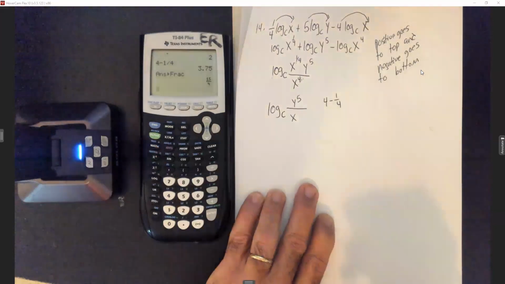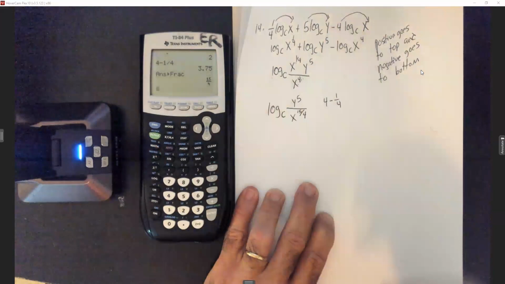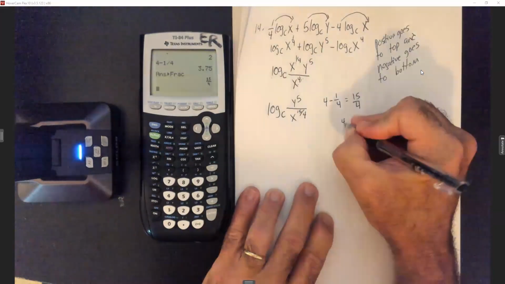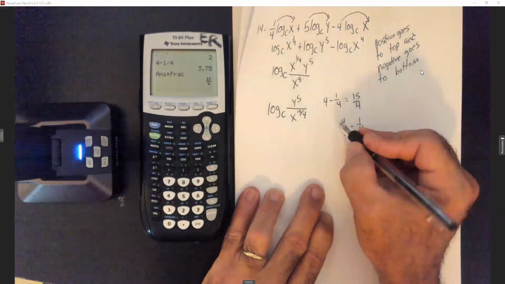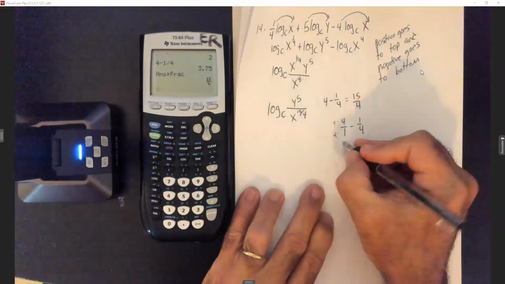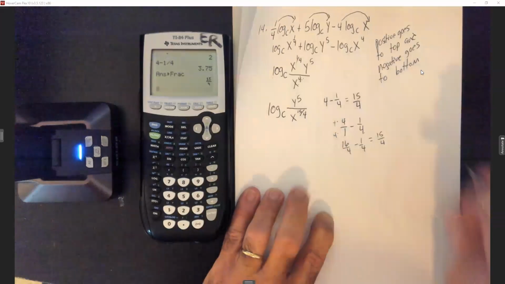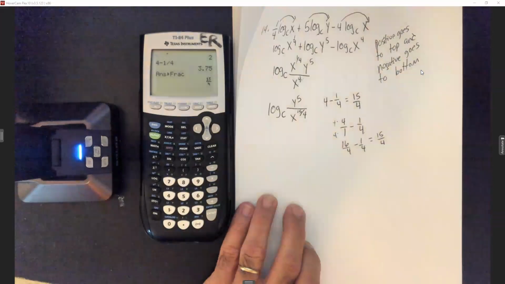So this equals x to the 15/4. Now remember, if you're doing them by hand, you'd have 4/1 minus 1/4. Common denominator would be a 4. So multiplying this by 4 and 4, you get 16/4 minus 1/4, which would be a 15/4. But that calculator knocks them out, and y'all are able to use those.